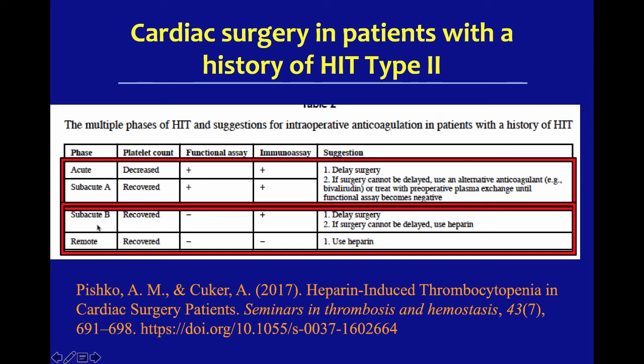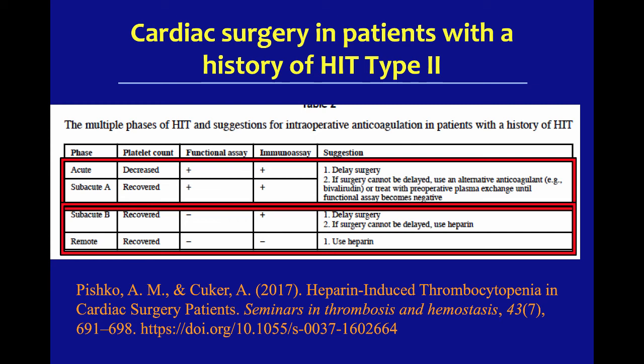In the subacute A phase, the platelet count may have recovered, but they still have a functional assay and an immunoassay that are positive for HIT. In both of these cases, if at all possible, you should delay surgery. The antibodies are transient. They usually will go down to 0 within 3 months.